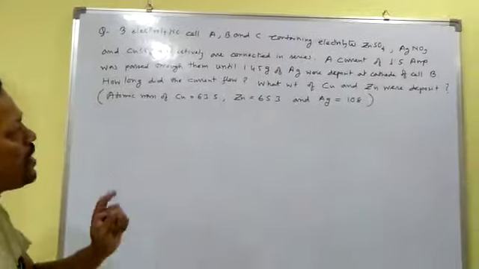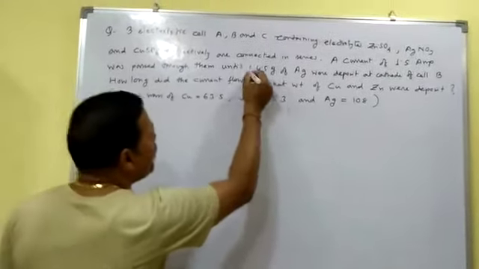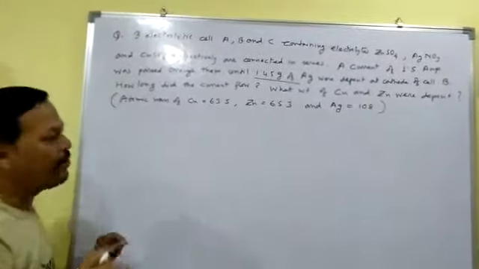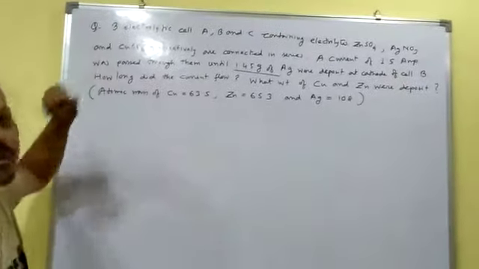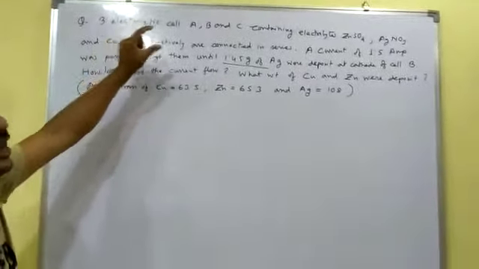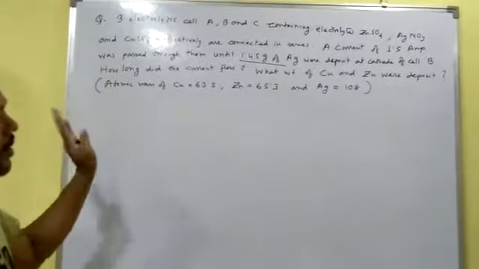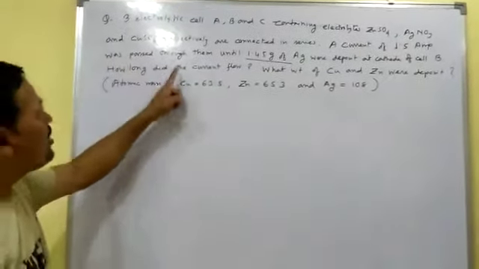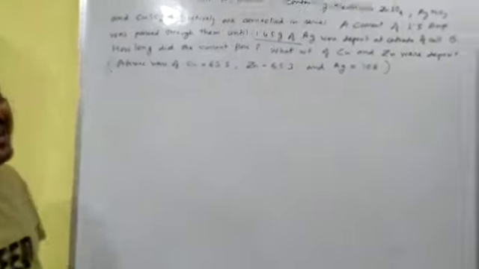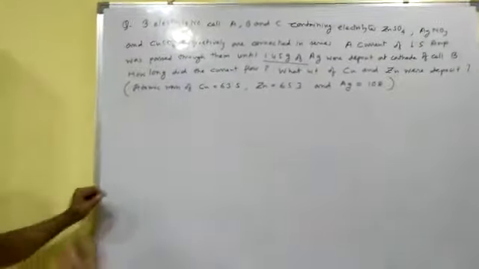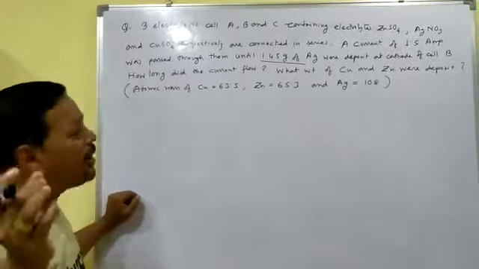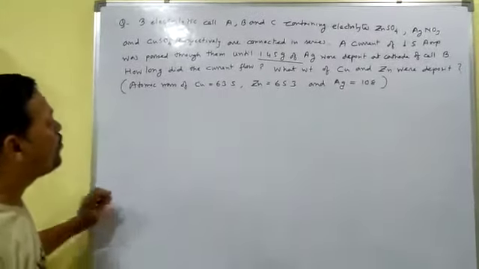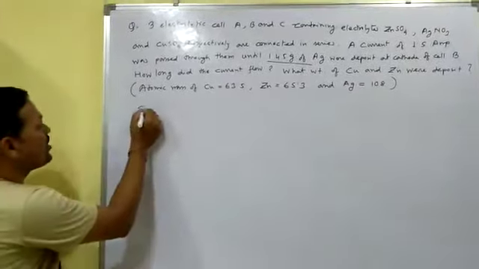The amount of silver deposited is given as 1.45 gram. You have to find out how much zinc and copper will deposit in cells A and C respectively, and how long the current flowed, I mean the time also. Actually, this question is from your textbook exercise, so you can write the question from your exercise also.